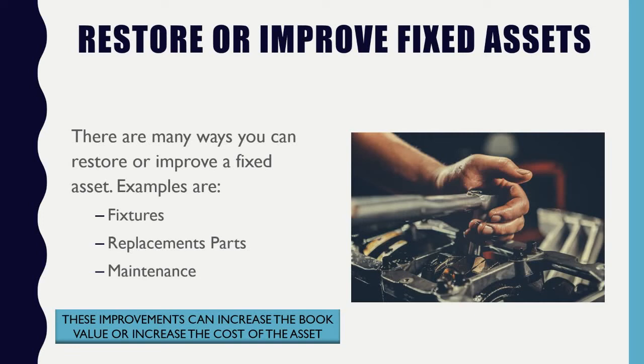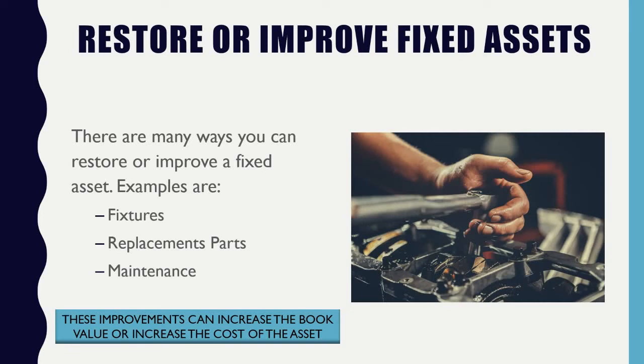So that means if you're going to be spending extra money to fix something that's broken so it can work again, the ultimate result out of that is you're adding more value to the fixed asset because you're trying to extend the usage and the life of it. Okay? So here's what you have to know.